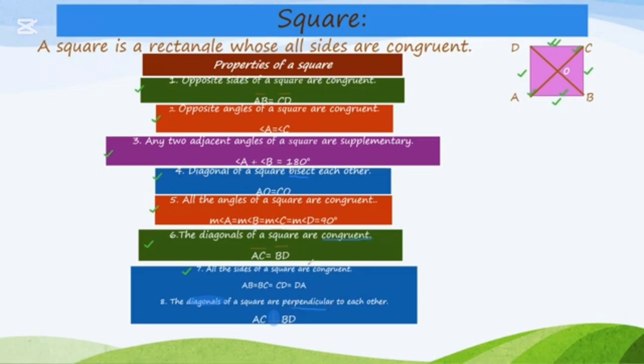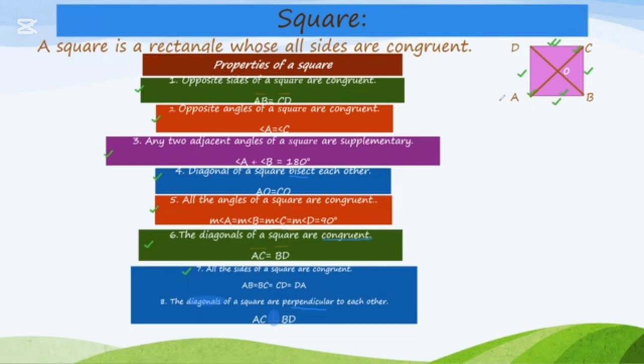So if I ask you that the diagonals of rectangle are perpendicular to each other, what will you say? Yes, it's false. And if I ask you that the diagonals of parallelogram bisect each other, yes, it's true. The diagonals of square are perpendicular to each other, yes, it's true.